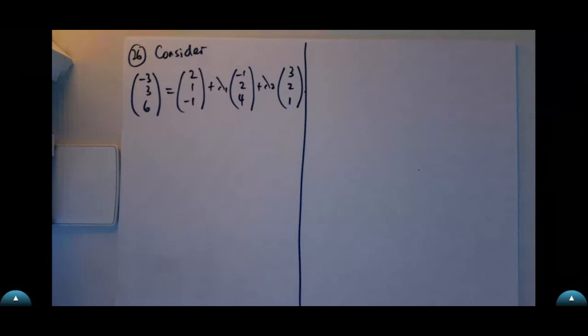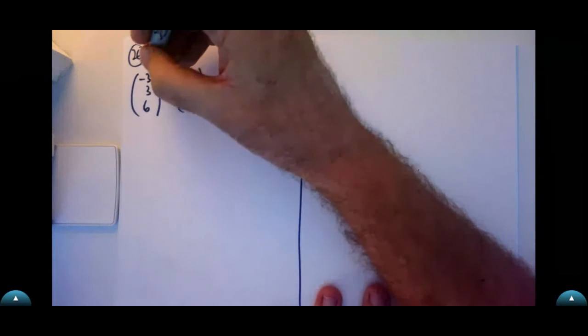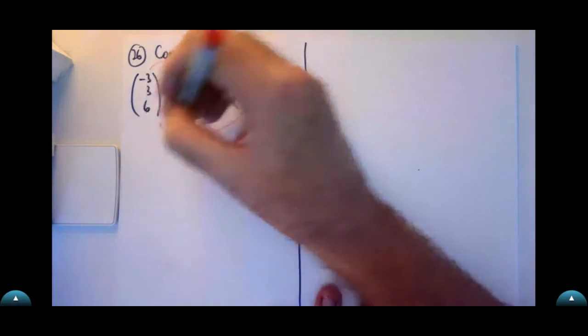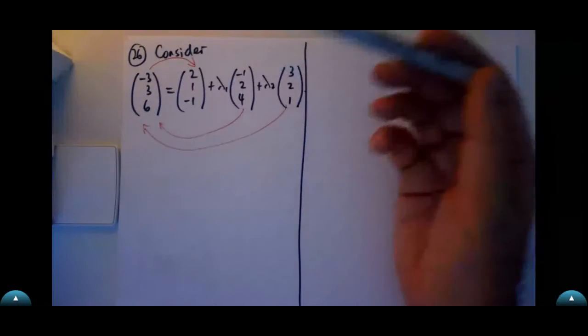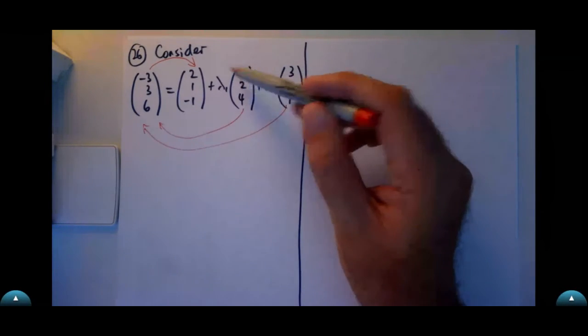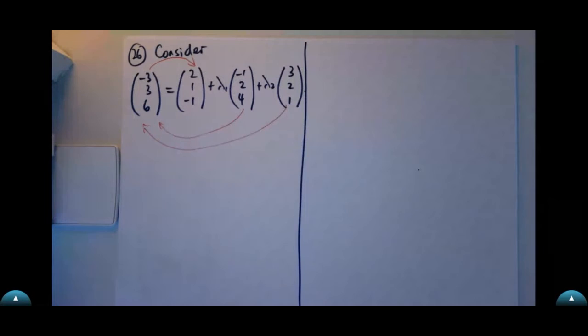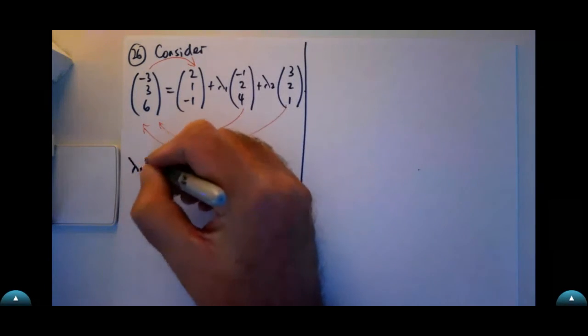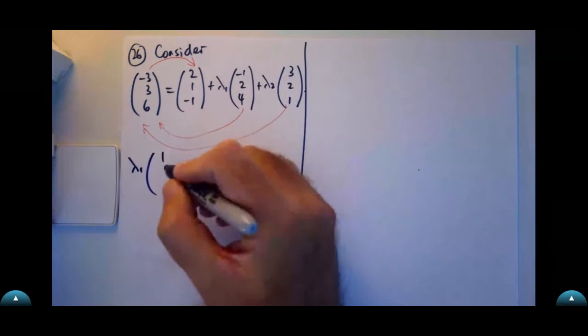Okay, so what I'm going to do, and sometimes students ask me a lot about this, I'm going to take this vector to the other side and these vectors to the other side of the equation. The only real reason I want to do that is because this -1 turns into a +1 when I move it to the other side of the equation. Okay, so if I do that, then I get this.